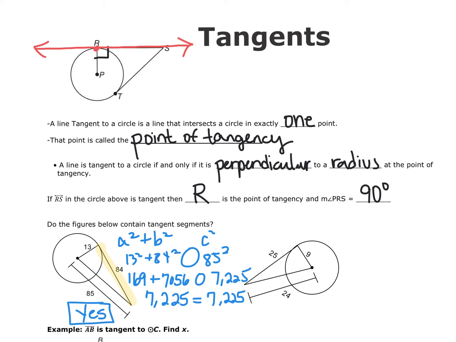All right, let's look at this one. We want to know if this is a right angle or not. If it is, then we have a tangent. If this is the right angle, then this would be our c. We want to see if a squared plus b squared is equal to c squared.